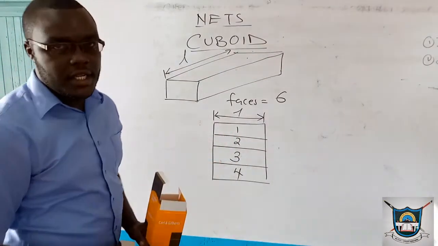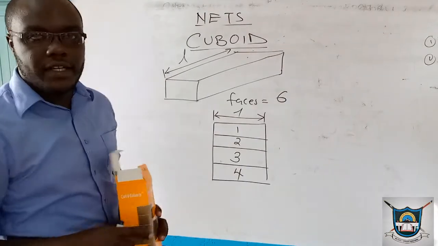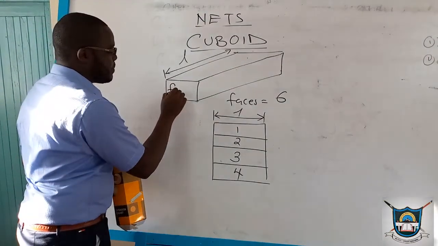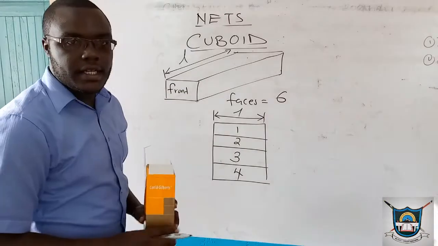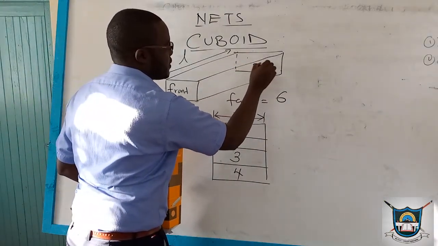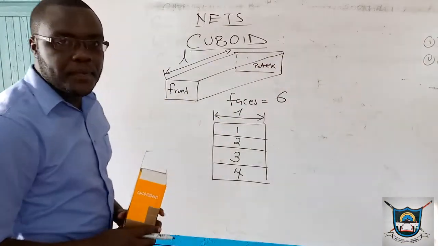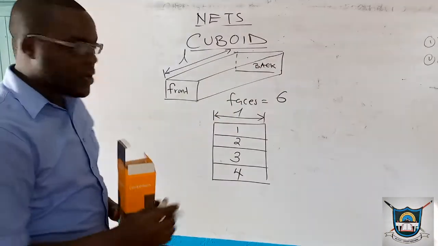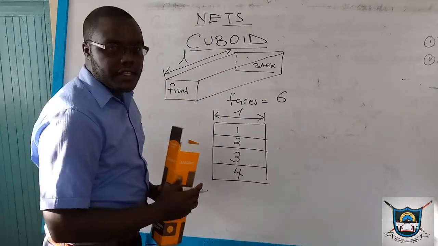I am remaining with 2 faces. The first one is the front part. The other one is hidden at the back side of my cuboid. For this one, you are allowed to draw them on any face.